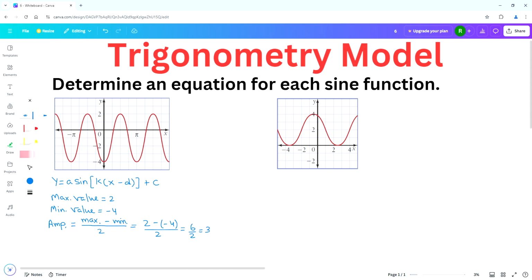The amplitude is 3. Next we can find the equation of axis. The formula is maximum value plus minimum value divided by 2.